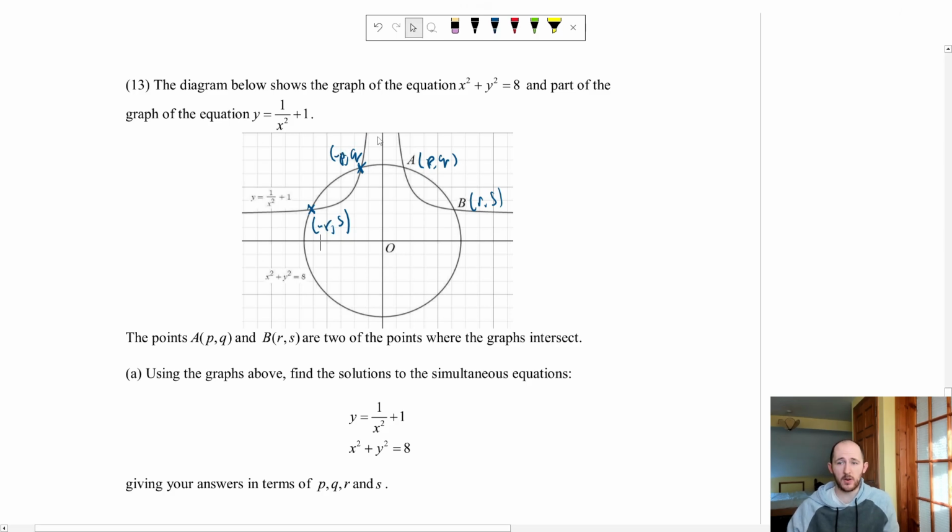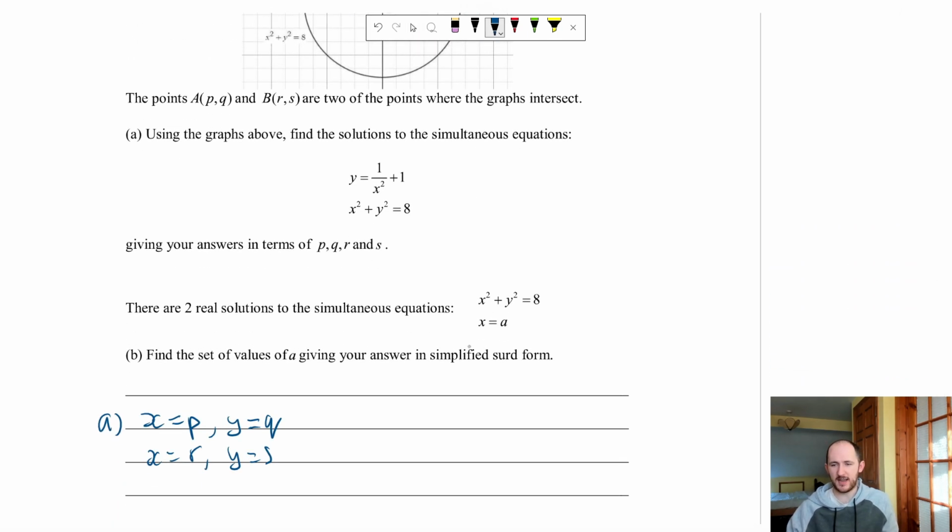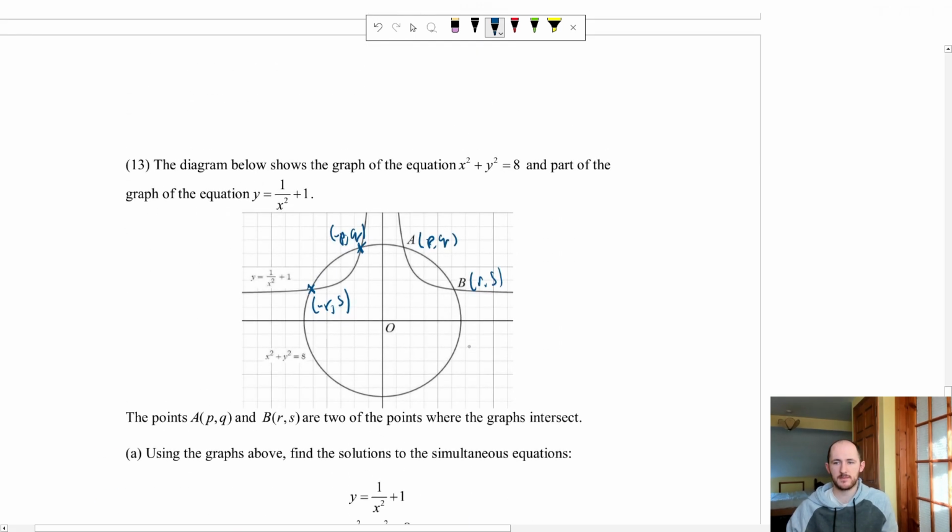And again, that's because I'm going 1.5 boxes to get to A, I'm going 1.5 boxes to get to this point. It's the same distance, which means they should have the same x coordinate, just the opposite sign. So we're actually done already. The other set of solutions is x equals minus p, y equals q, x equals minus r, y equals s. That's it, because they're symmetrical.